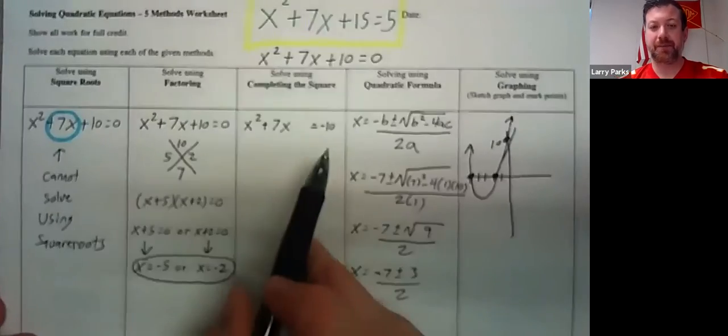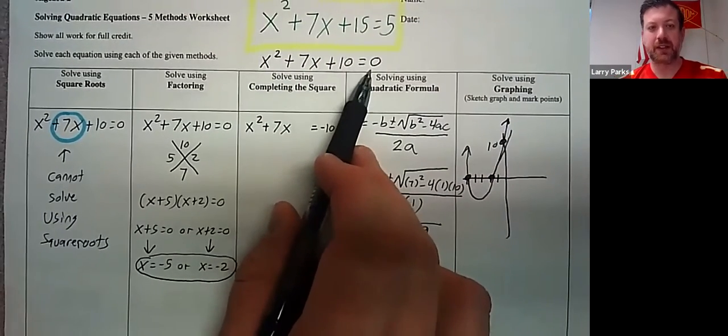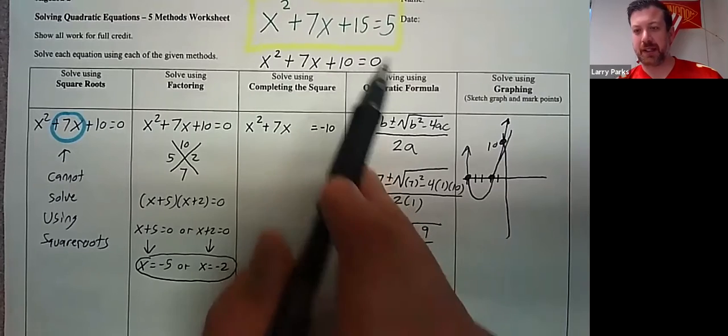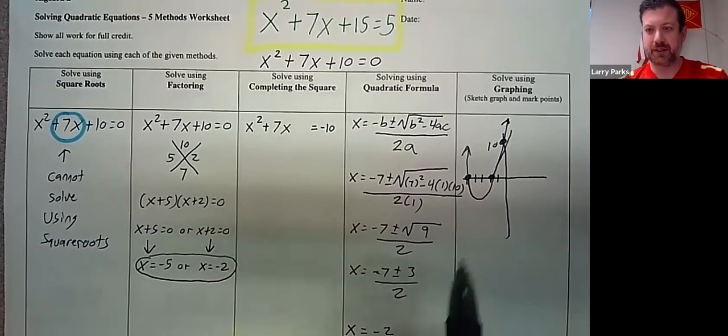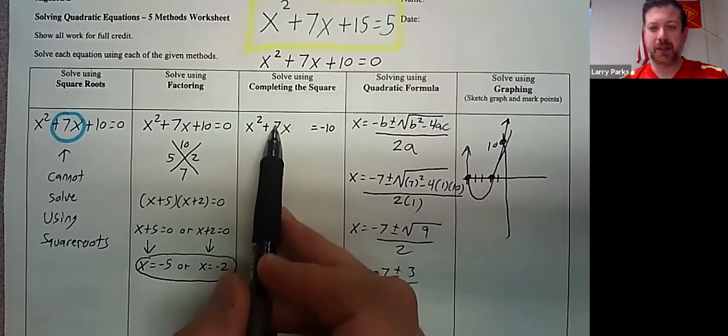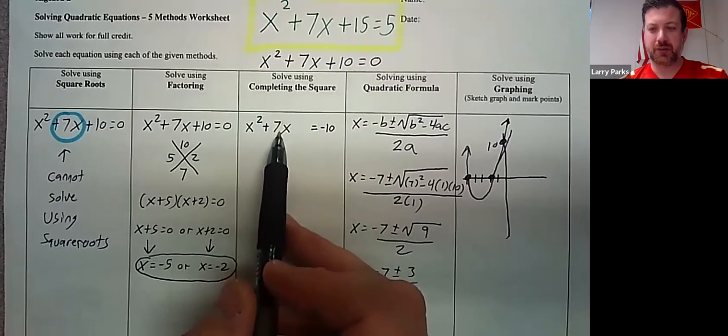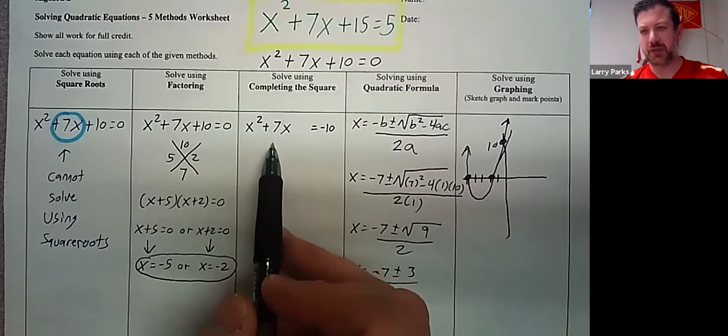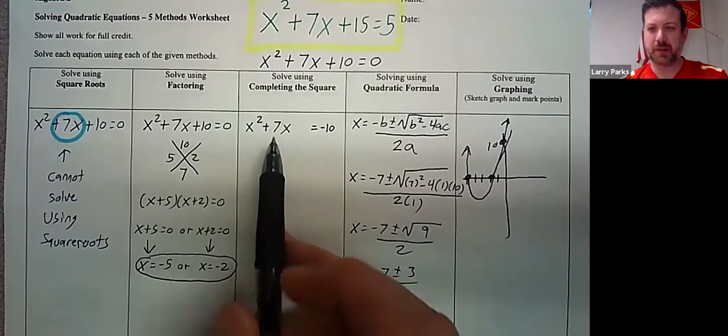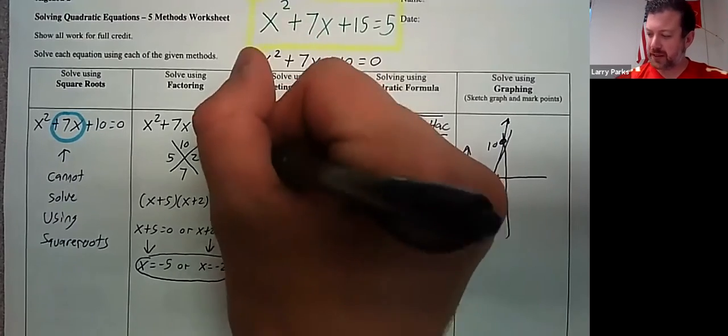First thing you do is you move the constant over. And again, this method I'm about to show is so confusing. And then you take this number, you divide it by 2, and you square it, so it'd be 7 divided by 2 squared, which is 49/4. So I'm going to add 49/4 to both sides.